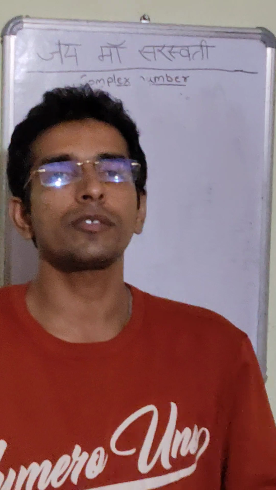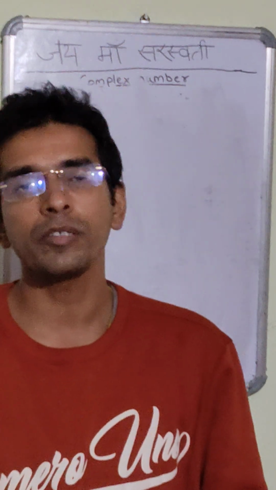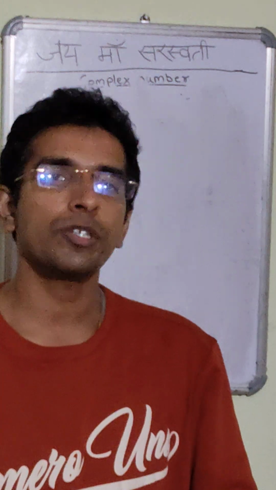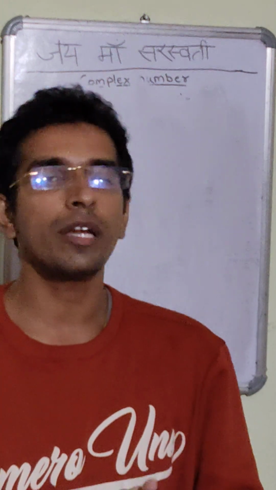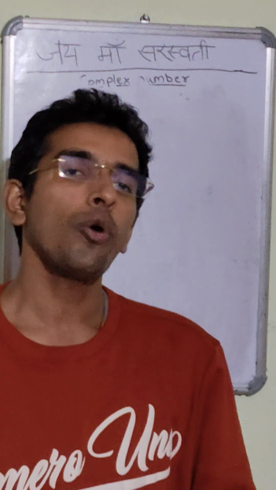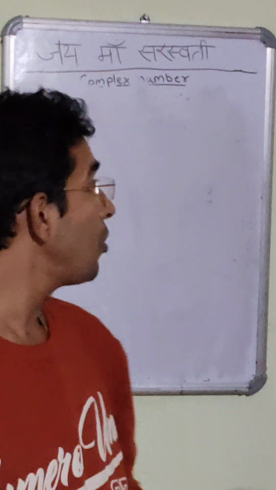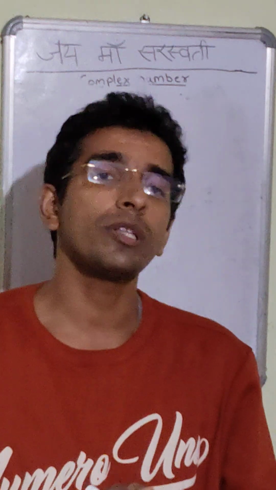So far we have discussed two vital parts of complex numbers. The first one was the subtraction of complex numbers. Moving ahead, we saw how we multiply two complex numbers together, and the properties associated with them.